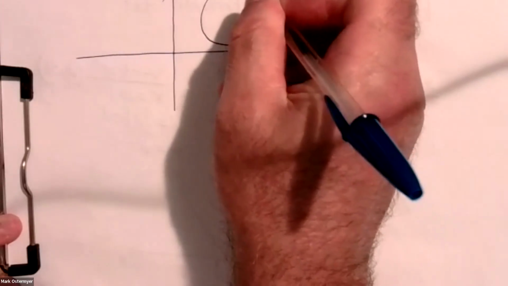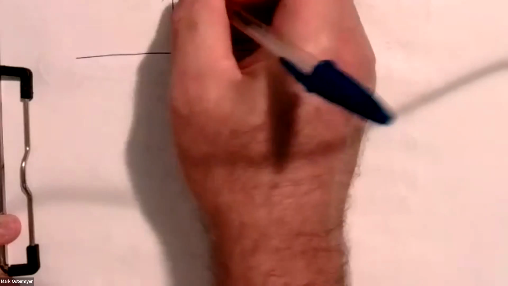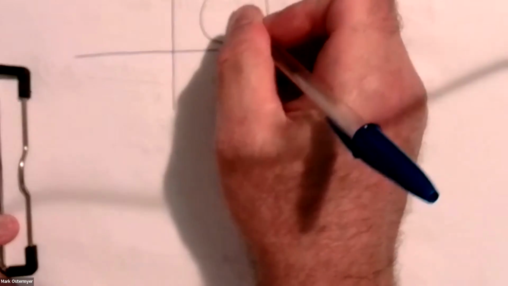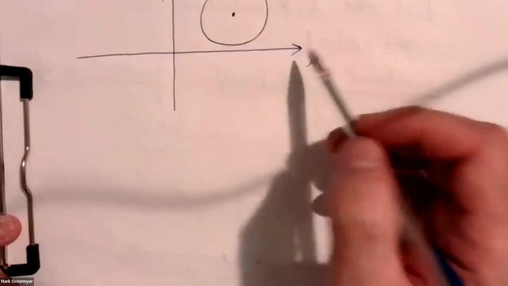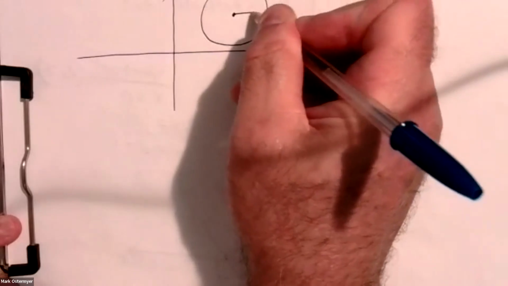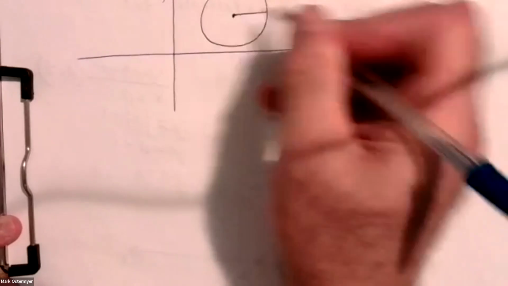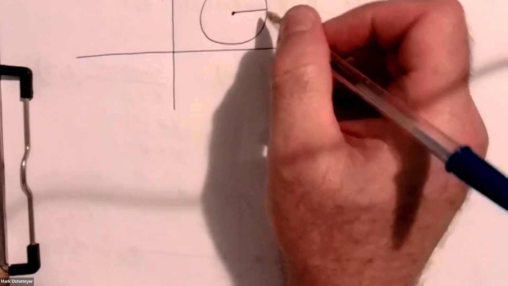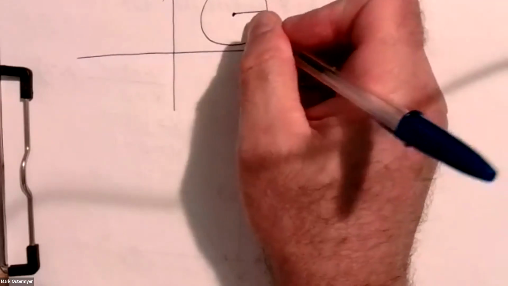Suppose I have a circle that's graphed in the first quadrant of the XY plane. And circles are always characterized by a center point and also characterized by a radius that emanates from the center point and touches a point on the circle somewhere. This is called a radius.